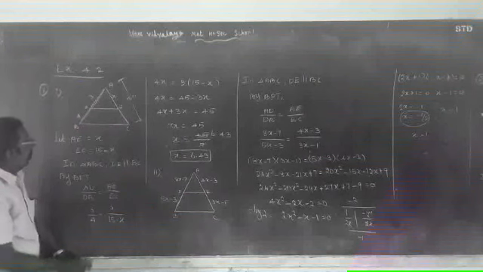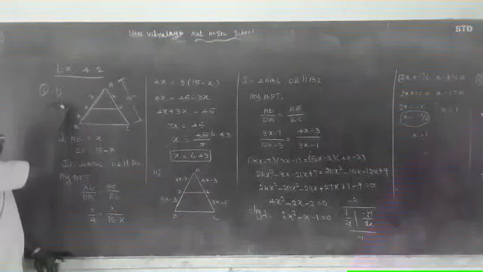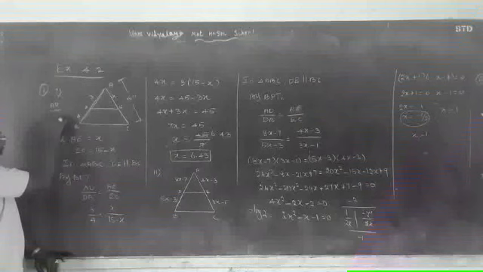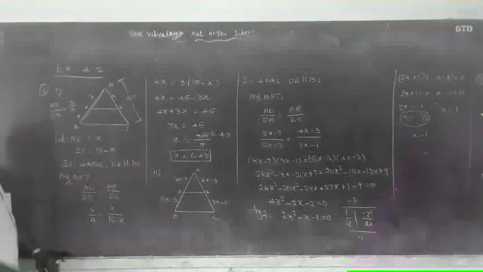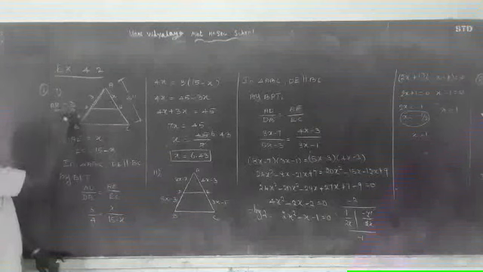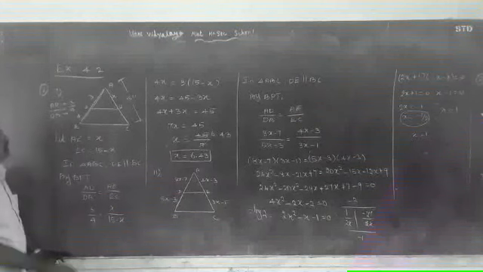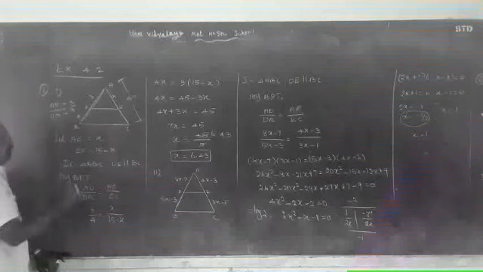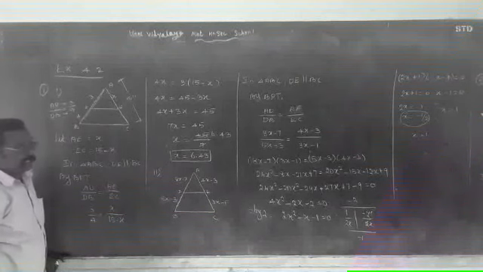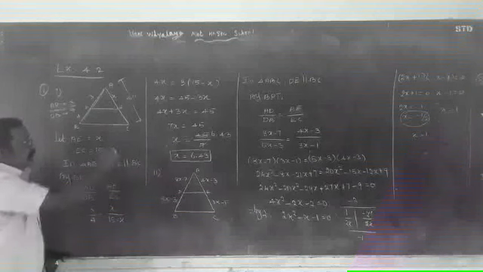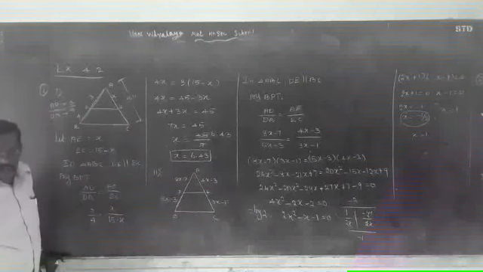AD by DB equals 3 by 4. AD equals 3 and DB equals 4. So AD 3, DB 4 are given. He asks the question AE. What is the length of AE?